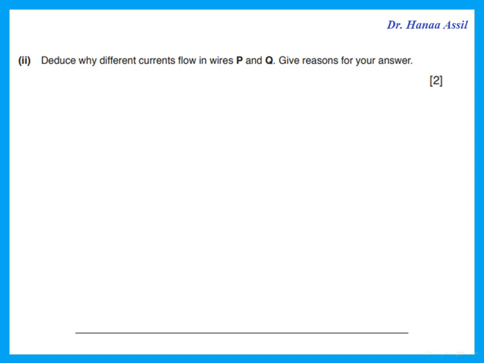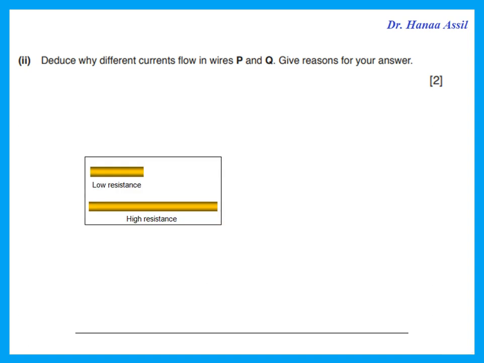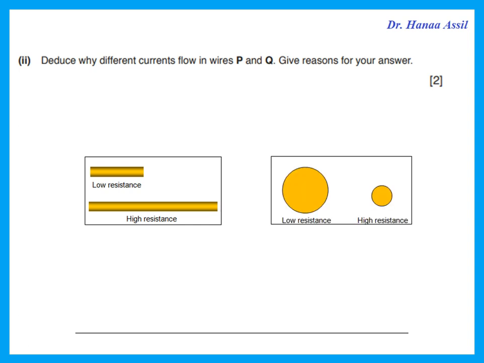Deduce why different currents flow in wires P and Q. Give reasons for your answer. Remember that different currents will flow whether there is a longer or shorter wire. So if one of them is longer than the other, then the longer one will have more resistance, less current flowing through it.